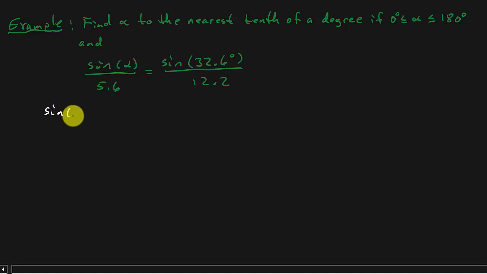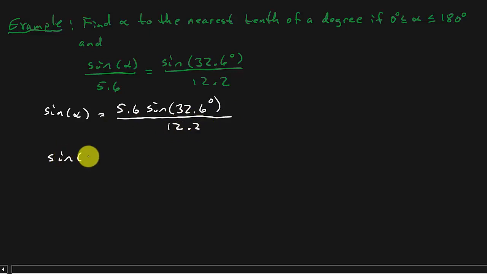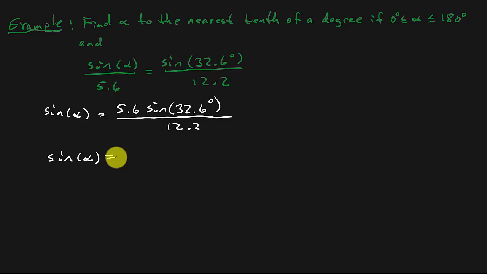So that's going to give me sine alpha is equal to 5.6 times the sine of 32.6 degrees over 12.2. All right, so I get sine alpha. Now, before you get all excited working this problem, stop and think a minute.